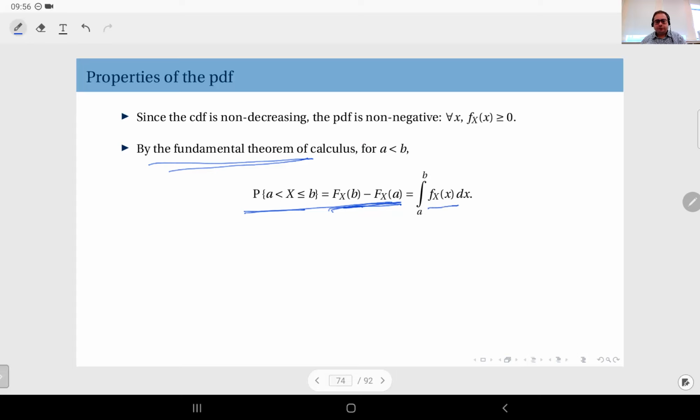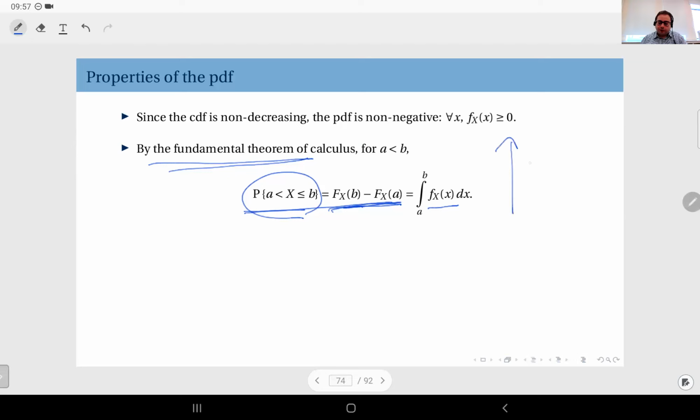This is a very essential point. When you want to compute the probability of such an event, a less than x less than or equal to b, if you have the CDF, you take the differences at points a and b, or if you have the PDF, you just integrate, meaning you compute the area under the PDF from a to b.